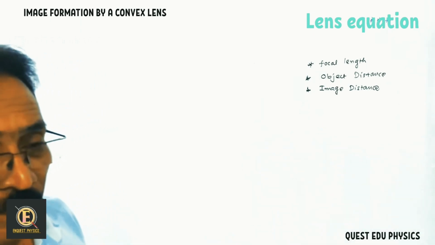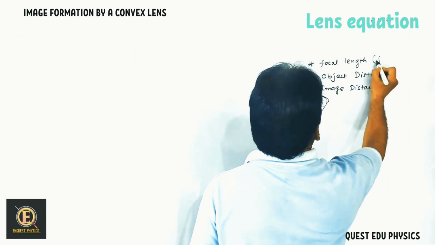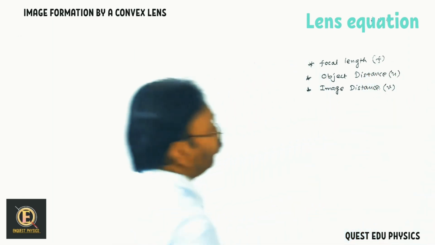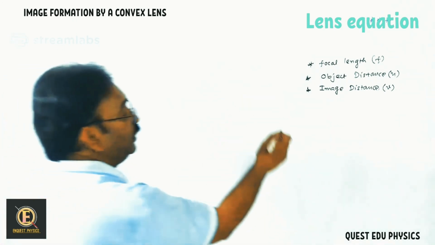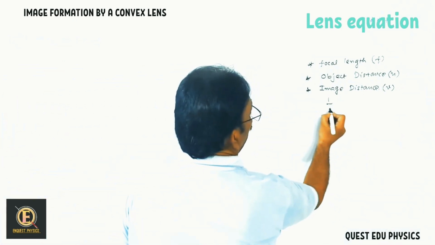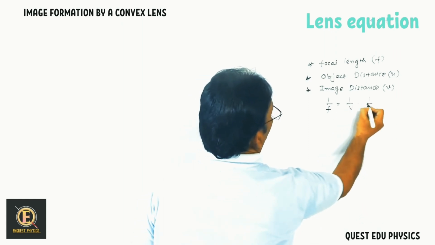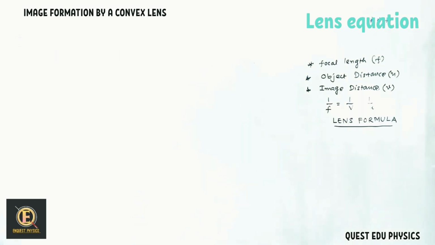Generally, focal length is shown with the letter F, and the other two are U and V. We are deriving an equation for the relation between these three, the lens formula for real object and as well as the real image.